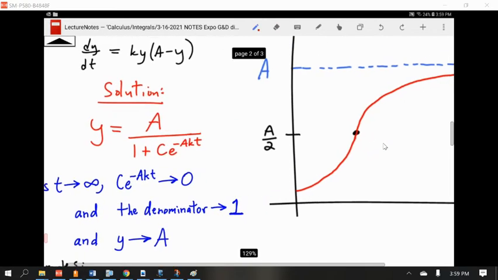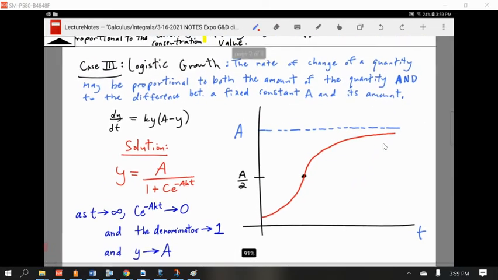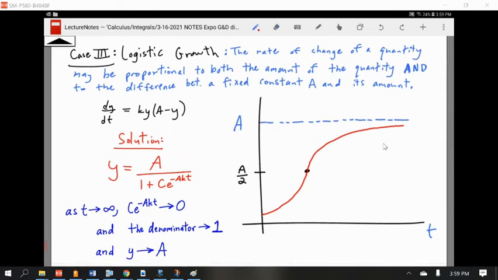Notice at a half of a, a very important fact is happening here. At half of a, at the y value, the curve switches from concave up to concave down. It's a point of inflection at some t value.